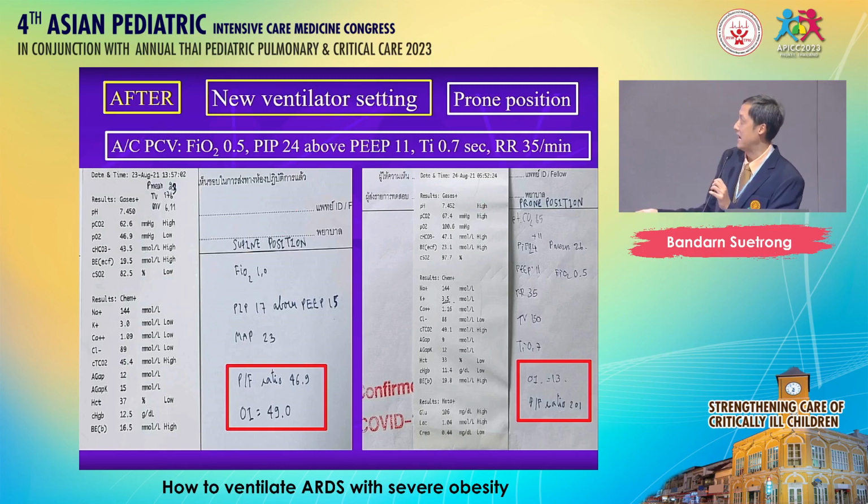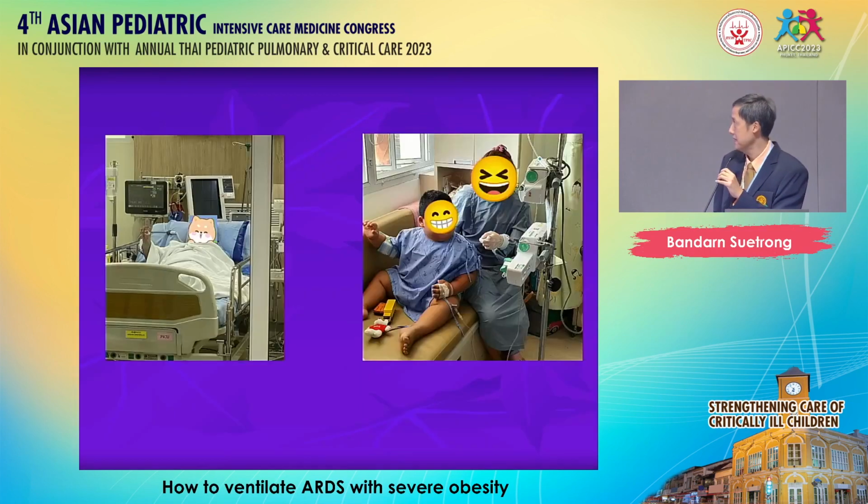You can use as high as you want. And after I recruited successfully, I could decrease PEEP to only 11. The result showed that the PF ratio increased to 201, and the oxygen index went down from 49 to 13. And he was discharged safely with his mom a week after that.